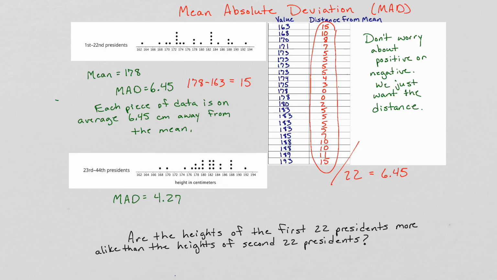We can tell that the mean absolute deviation for this group is bigger than this group. So we know that the heights of these presidents are more alike than the heights of these presidents.